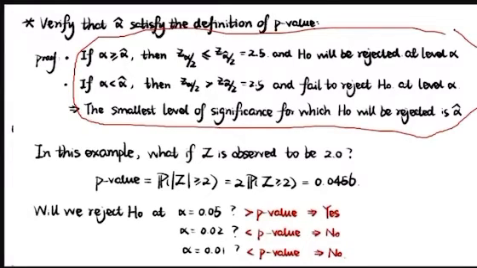If alpha is greater than or equal to alpha cap, in other words, alpha cap is less than or equal to alpha, then Z alpha over 2 will be less than or equal to Z alpha cap over 2, and that would mean H naught should be rejected.